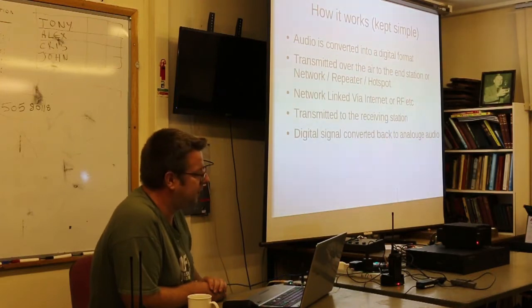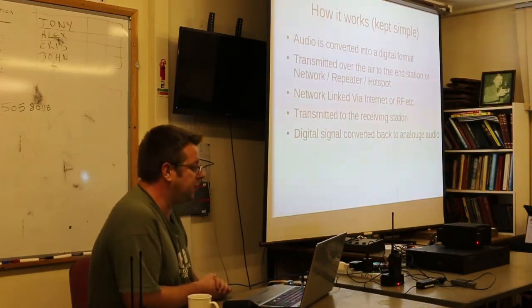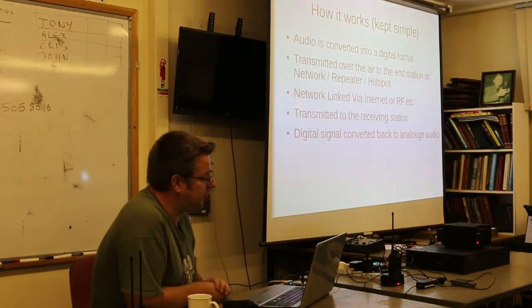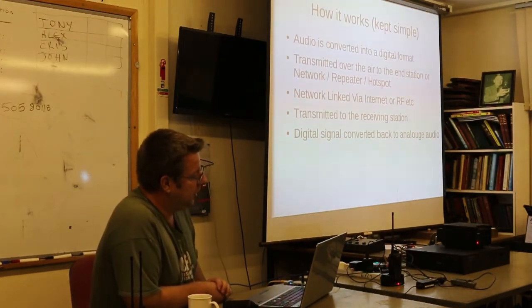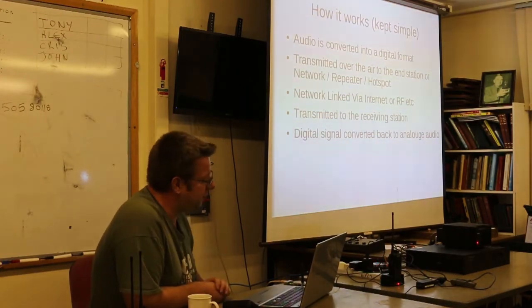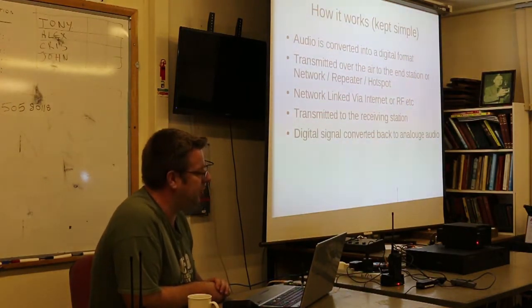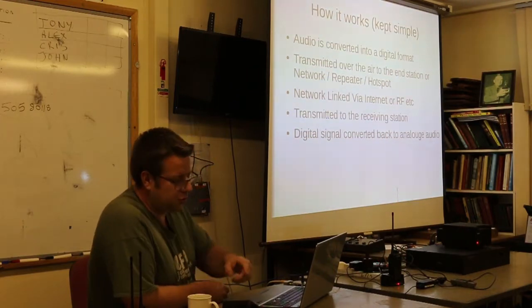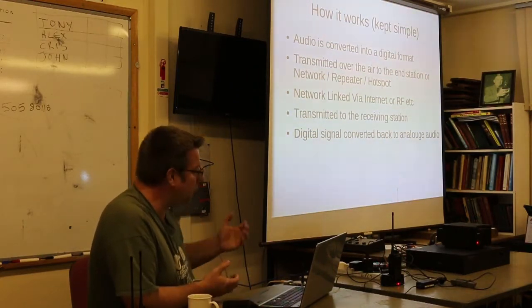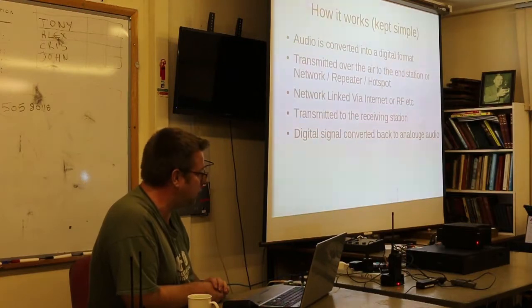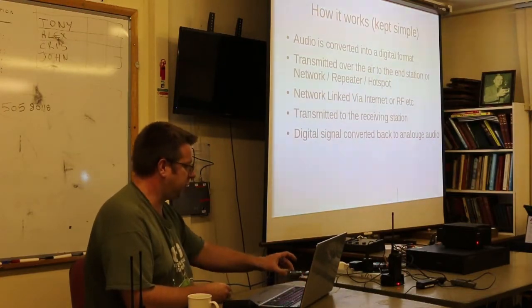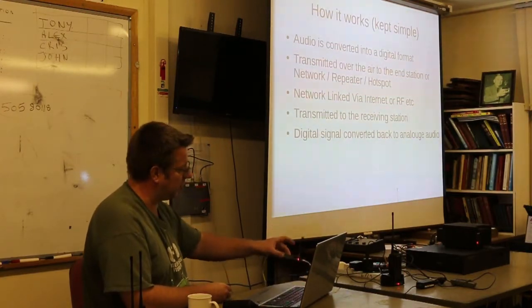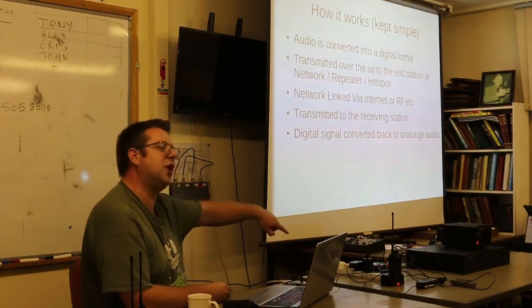That's the first bullet. Then we transmit that over the air using RF. We're all familiar with RF, or we should be, because we've all got a licence to use it. And we'll go on to how that is transmitted in a minute. You're transmitting to a number of different things to get access to the network. You're transmitting to a hotspot, which I can't hold up very high because the cable is not long enough, but there are several different hotspots down here.